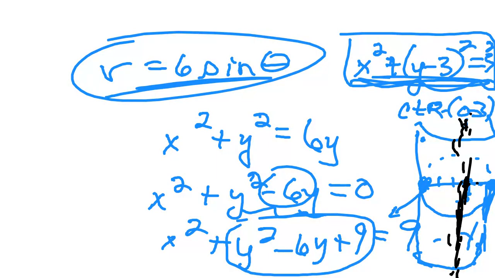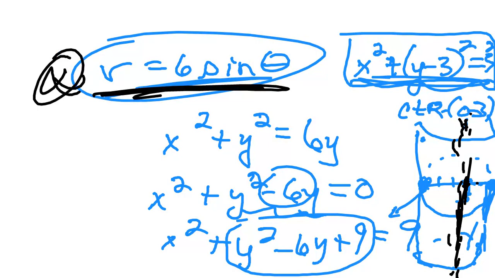Okay, so that tells us r equals 6 sine theta. We can represent that pretty quickly with a right circular cylinder that is out on the positive y-axis. Okay.